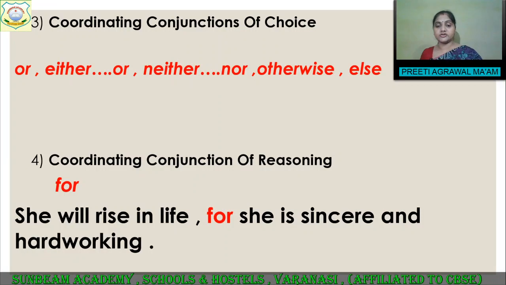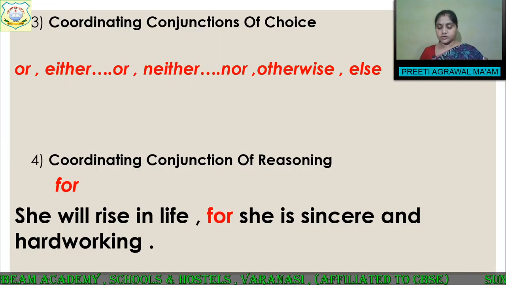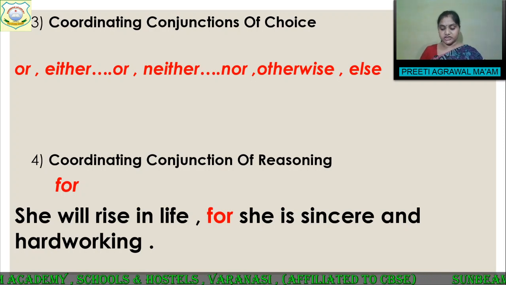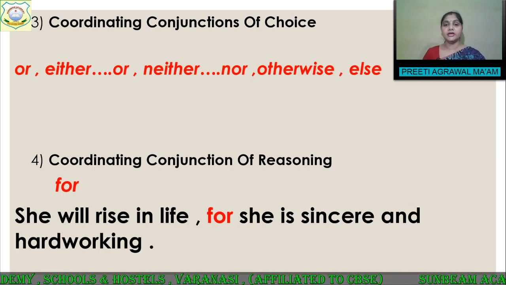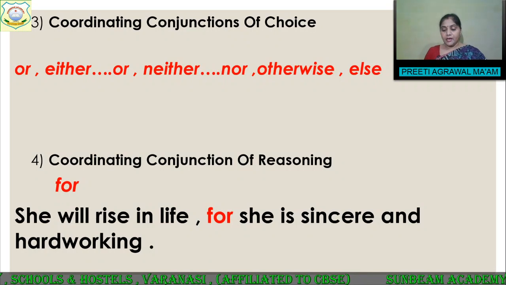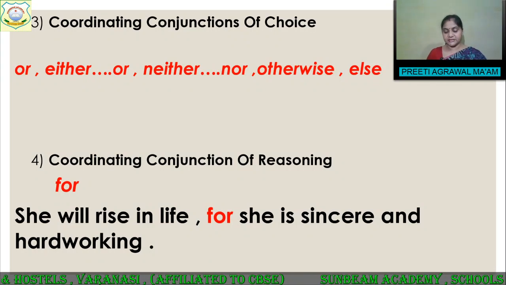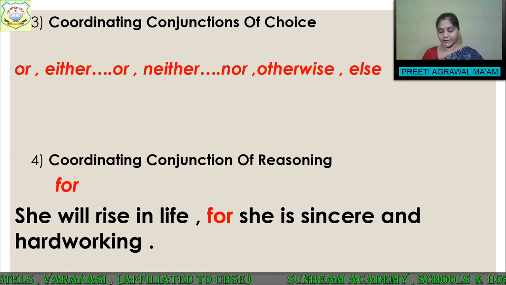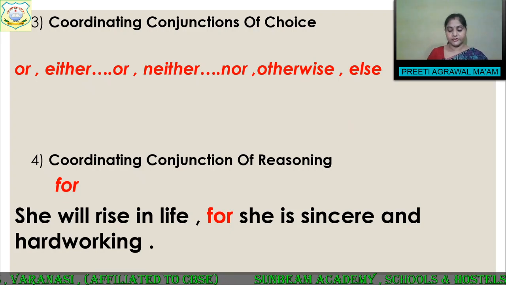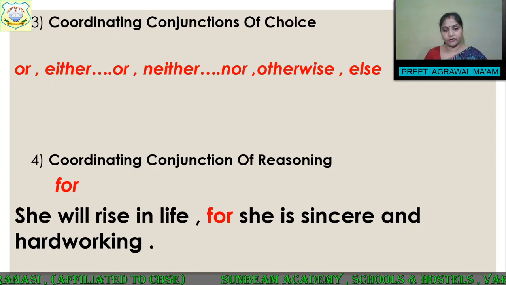So no need to use the capital letter. And so far as your punctuation is concerned, punctuation matters. When a coordinating conjunction joins two words, phrases, or subordinate clauses, no comma goes before.